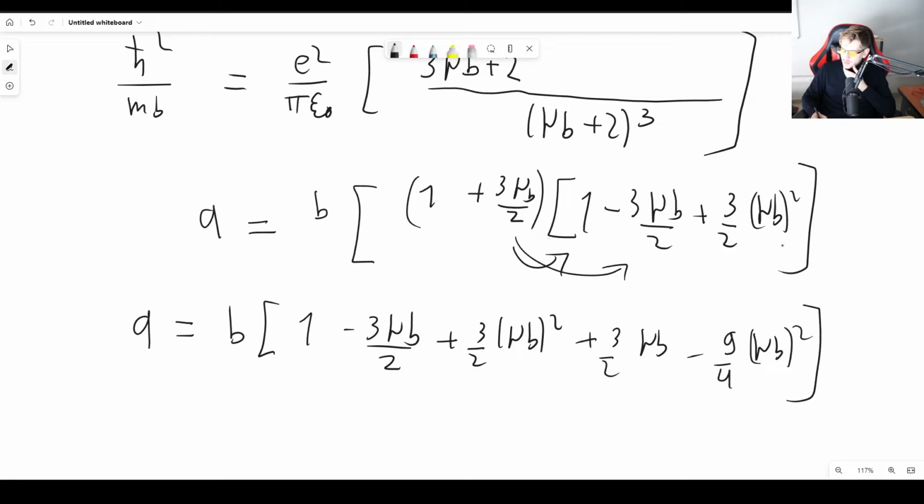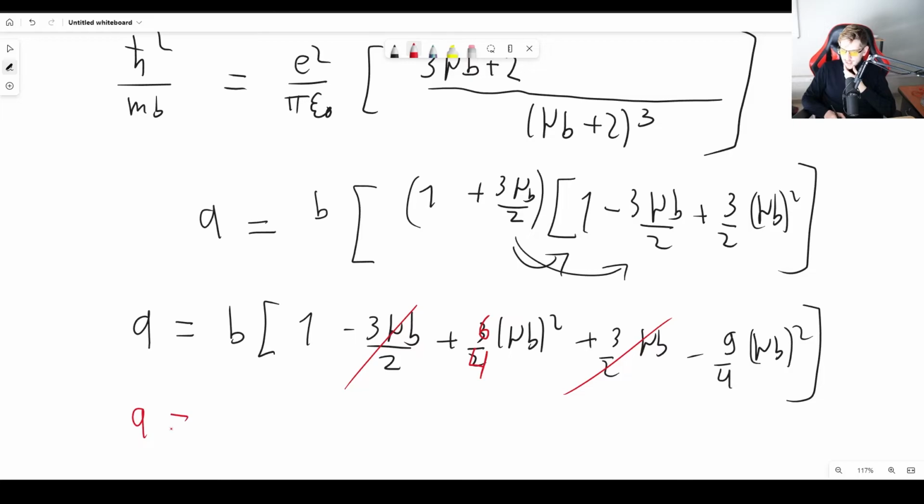And this term is of third order, right? It's mu b cubed, which is so small that we don't need to worry about it. So this term will cancel out this one, and then we have the sum of these two. So that will be 6 over 4 minus 9 over 4.